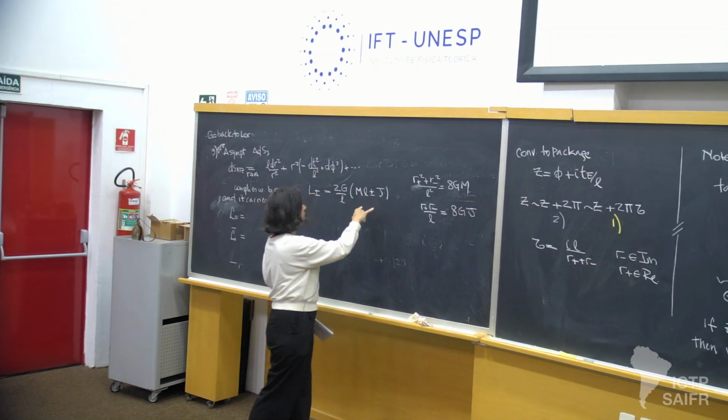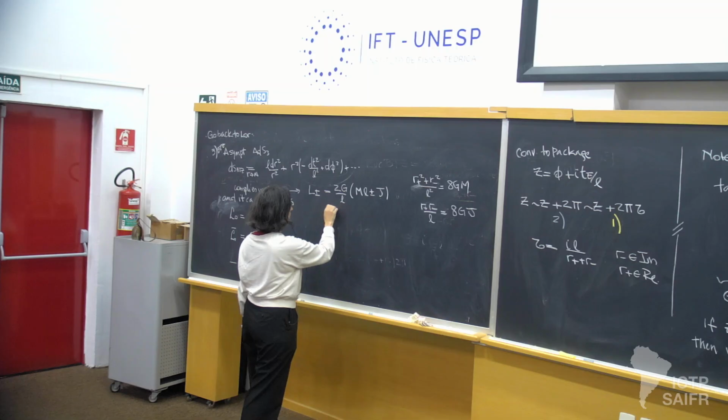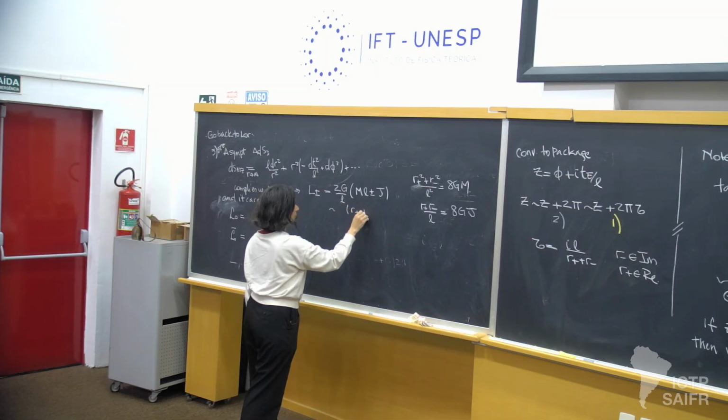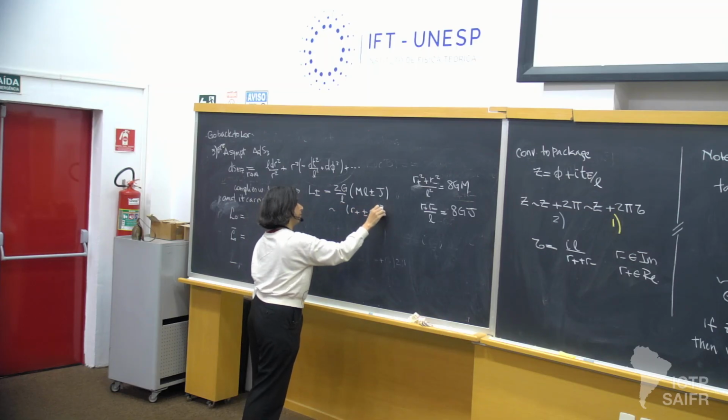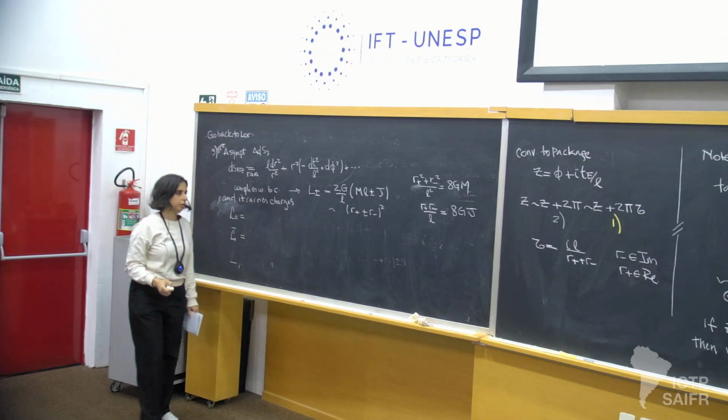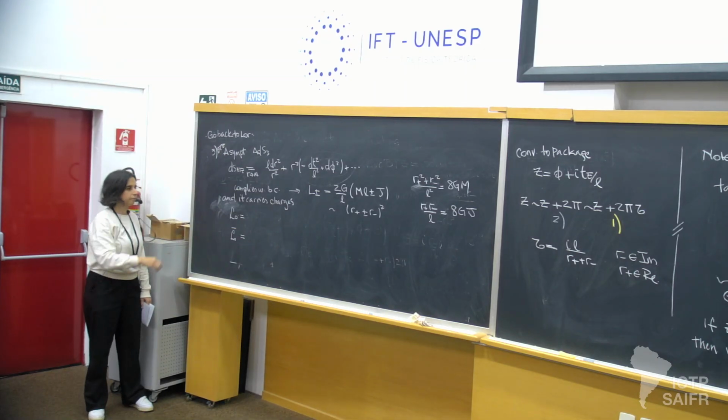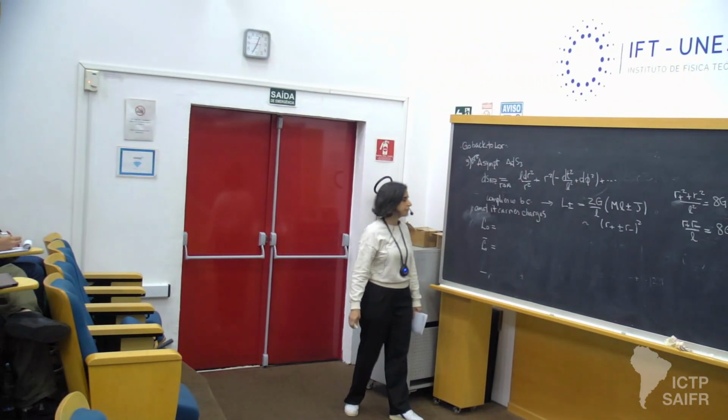You can also write this, up to coefficients, basically as R plus over R minus squared. Fill in the coefficients that you have there.